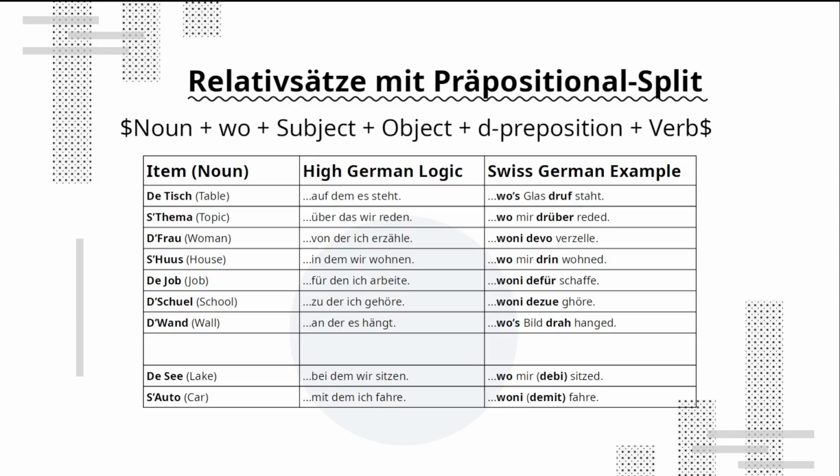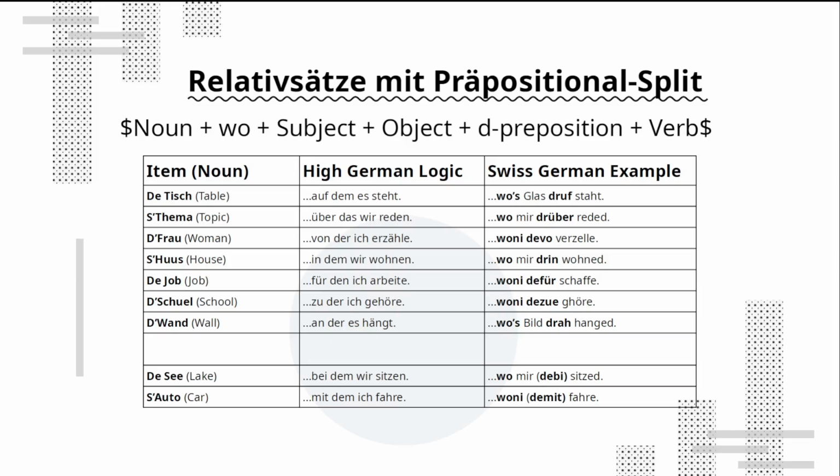We split the logic to keep the sentence moving forward naturally, focusing on the object first and then the relationship second. So the rule is: place wo immediately after the noun, then push the preposition to the end of the clause, right before the verb, with a da or dr prefix.